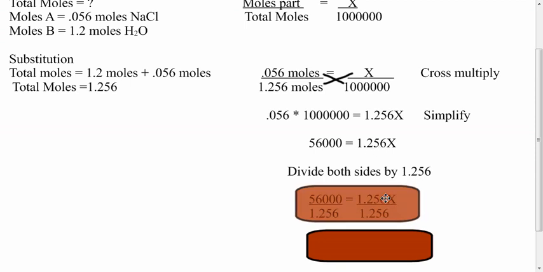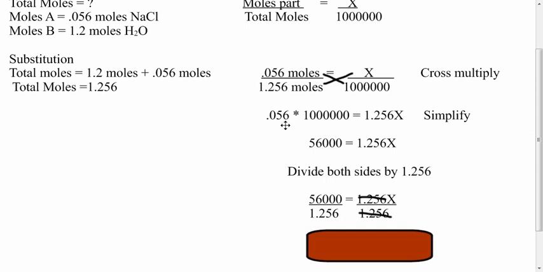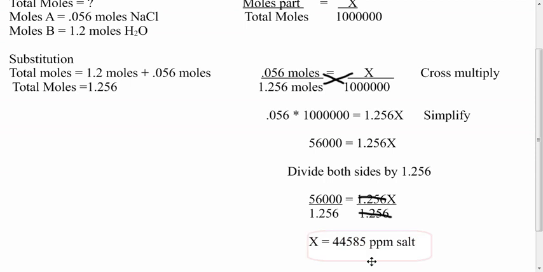So that's what it would look like. These two over here would cancel, and I'm simply going to have to do this division. I'm going to get 44,585 parts per million salt. Therefore, that is my answer.